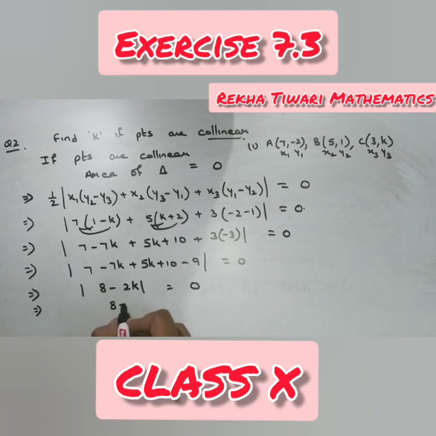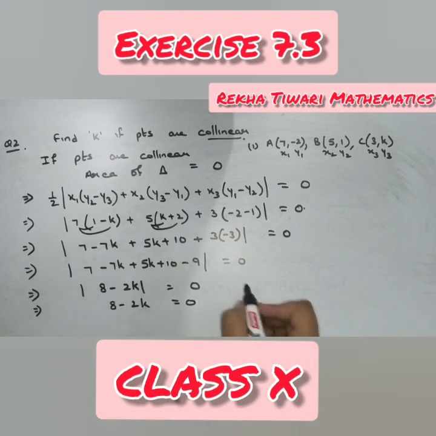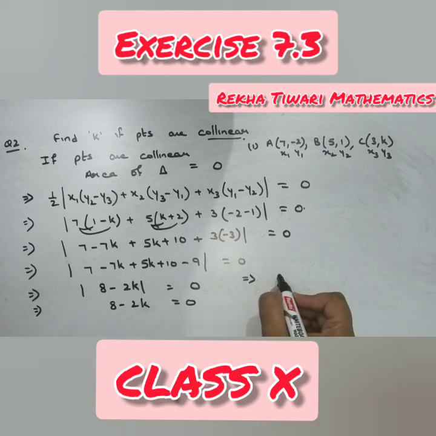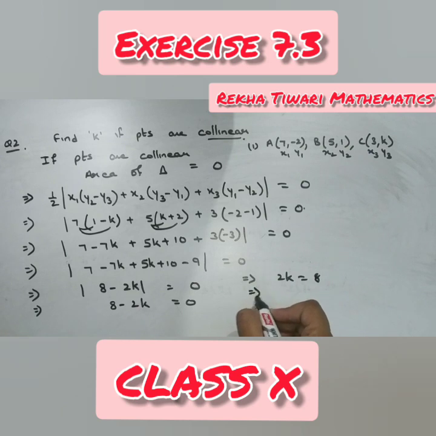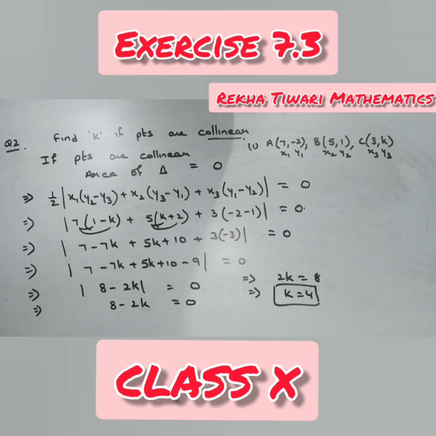So this becomes 8 - 2k = 0, which further implies 2k = 8, k = 4. In this way you will get the value of k. Correct? Similarly, the second part, I think you people can try yourself. So try the second part yourself. Come to question number 3.